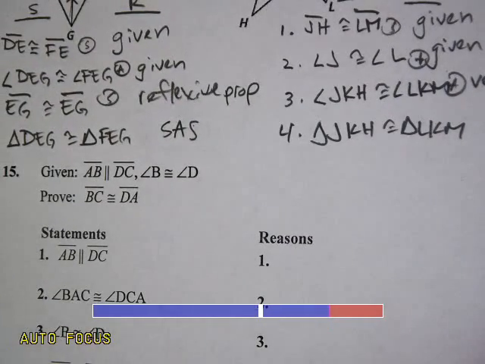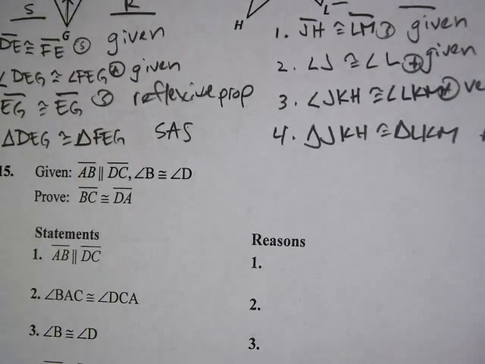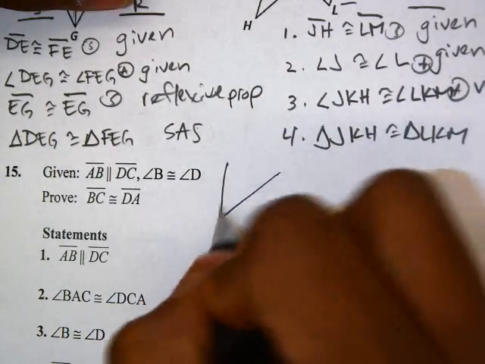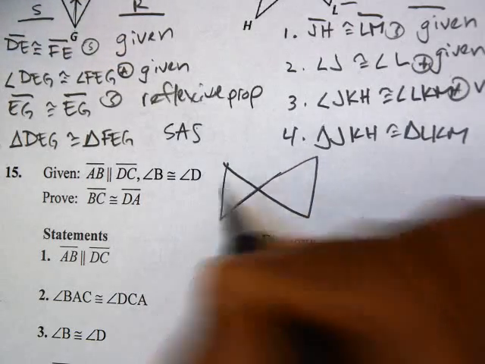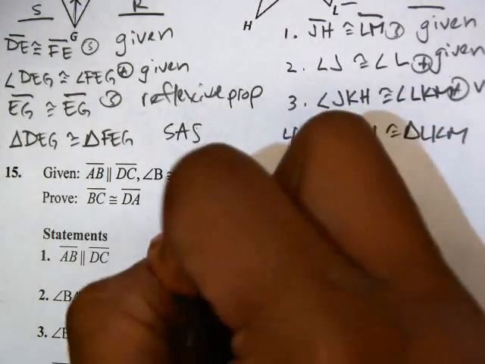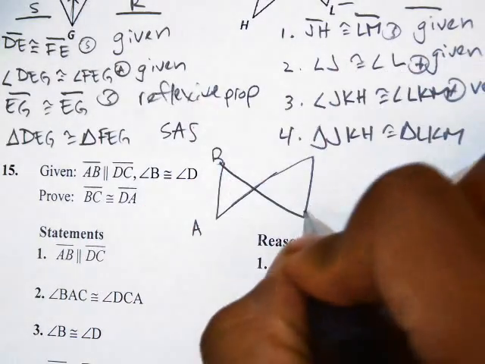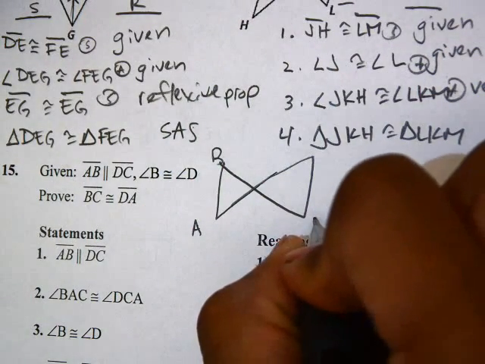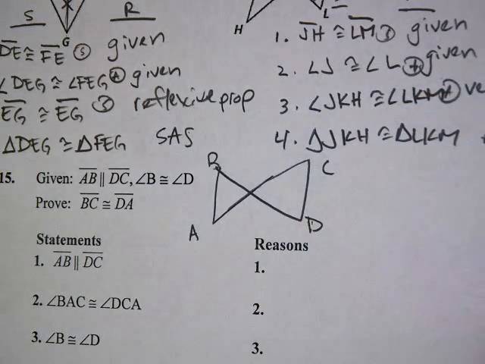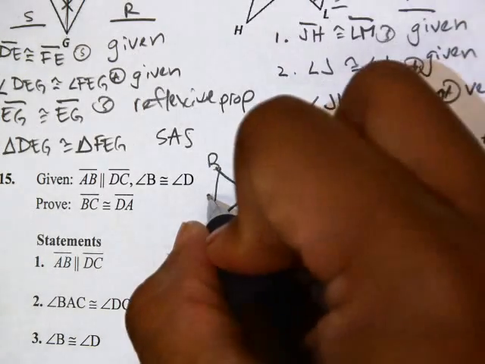Okay. 15. I don't even have a picture. I think the picture got drawn out. So I think it should be like this. Here's A and B, and B and C. They should be equal to each other. Or sorry, they should be parallel to each other.